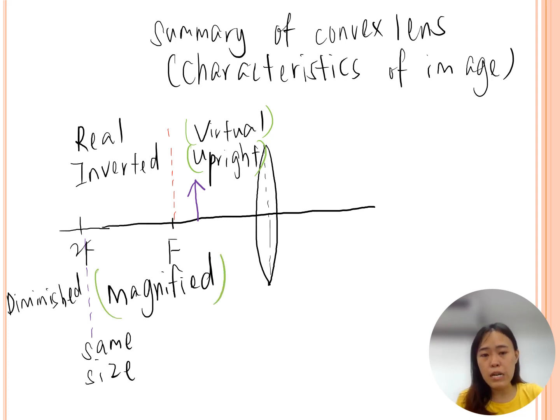So this is the purpose of this summary: it lets you identify the characteristics of the image at a glance, but it is only applicable to convex lens and also concave mirror. A convex lens and a concave mirror behave the same way, and a concave lens and a convex mirror behave the same way.